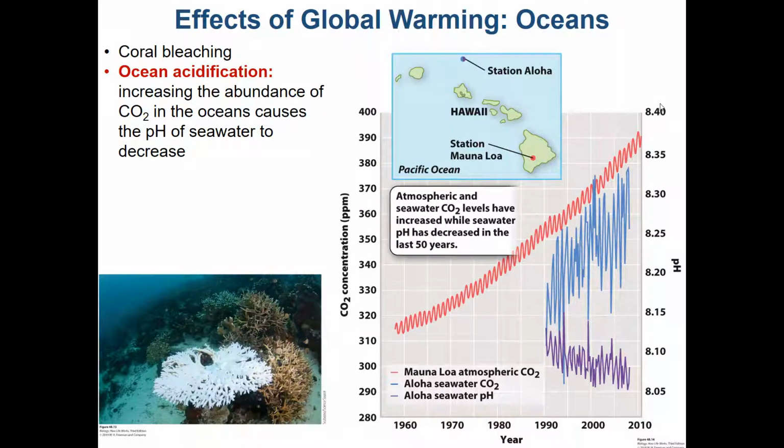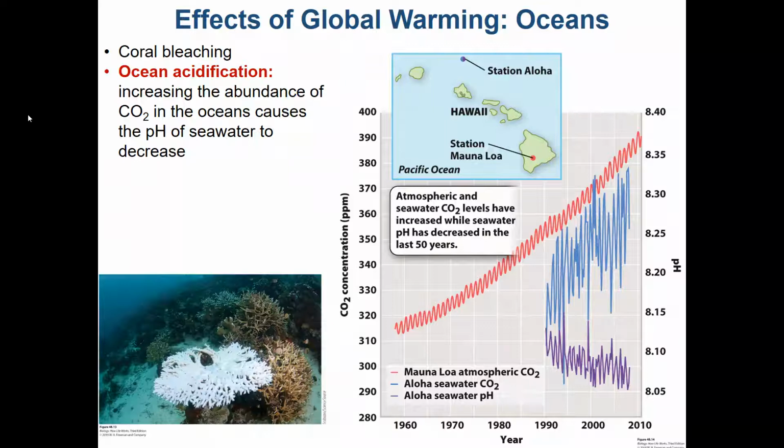Increasing the abundance of carbon dioxide in the ocean causes the pH of seawater to decrease, a phenomenon known as ocean acidification. In the past 50 years, as the concentration of carbon dioxide in the atmosphere has grown, the pH of the surface ocean has correspondingly dropped by 0.1 units, which might not seem like a big deal, but that can be very catastrophic for many of the marine organisms living in the ocean.